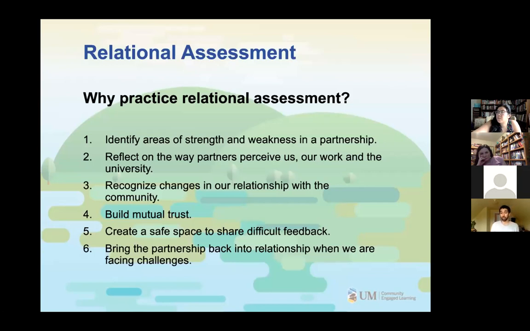It can help us build trust between and amongst the community members and ourselves, and create a safe space to share difficult feedback. The last one, I think, is the most important one: it can help bring us back into those relationships, that trust, that history, whenever the work is getting overwhelming and we're having challenges collaborating in a good way.